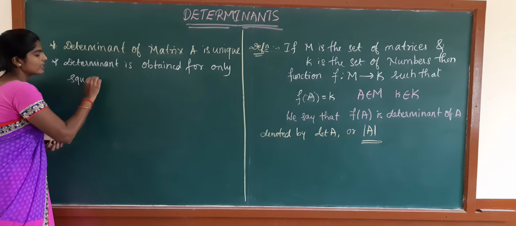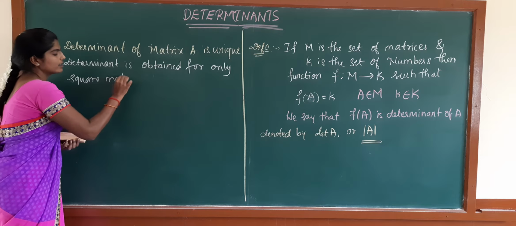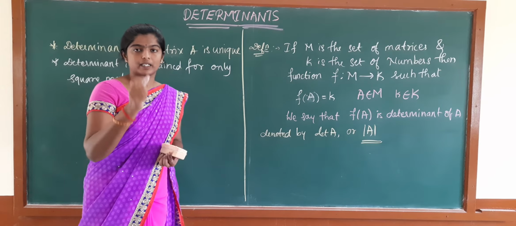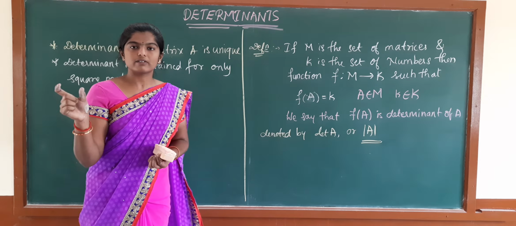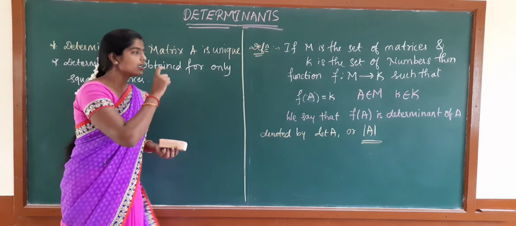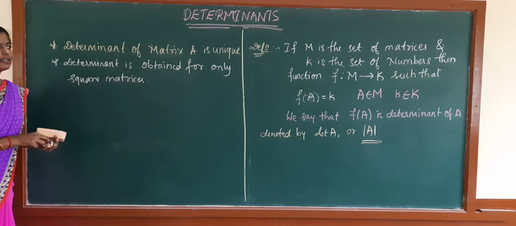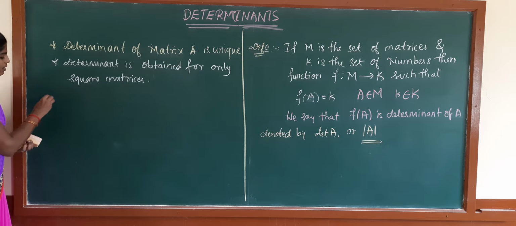So if the given matrix is a square matrix, then only can we find the determinant of that matrix. So this is about the definition of a determinant.